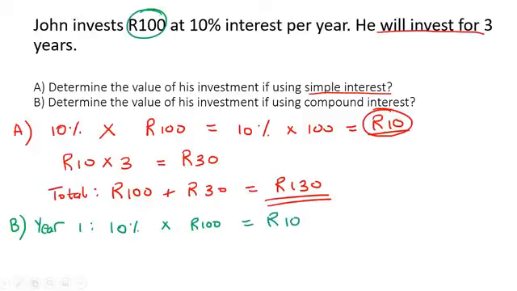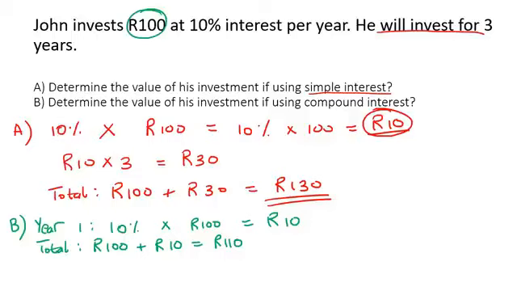Okay, so in the first year, that's the same as what we did for simple interest, but now you're not going to say times 3. What you're going to do now is you're going to see how much money John will have altogether after 1 year. So his total after 1 year is going to be the 100 Rand that he started with, plus the 10 Rand that he just earned, and so he now has 110 Rand after 1 year.